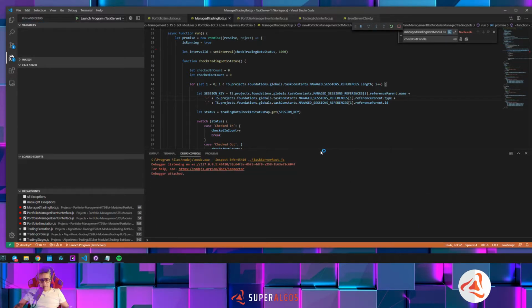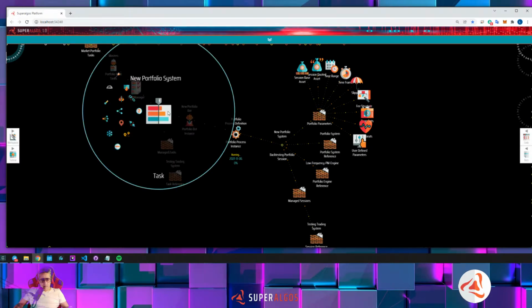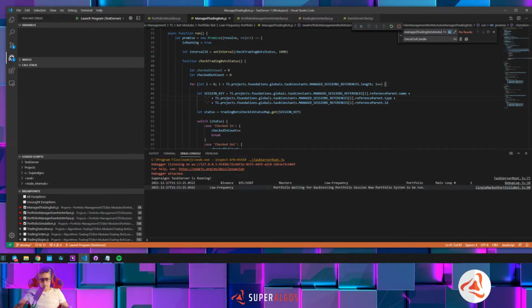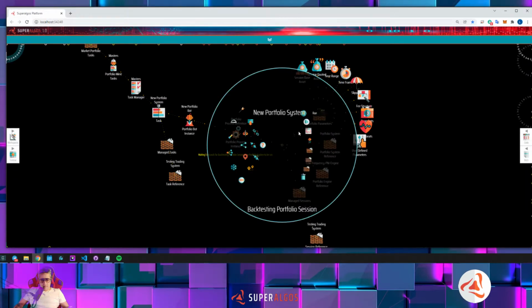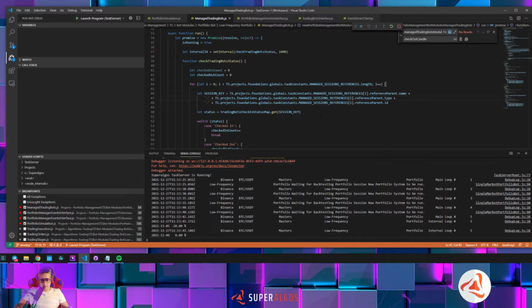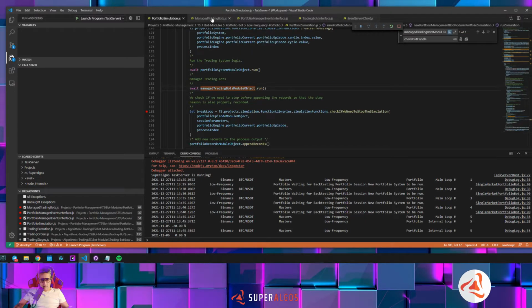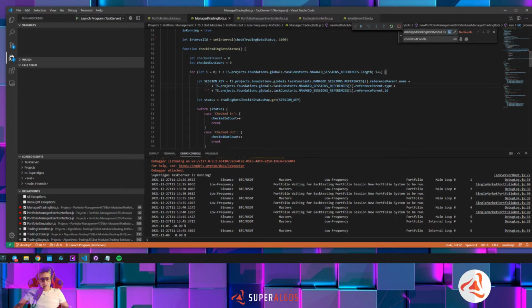So we run. Debug. Run. Okay, so this is looping here every 1 second.